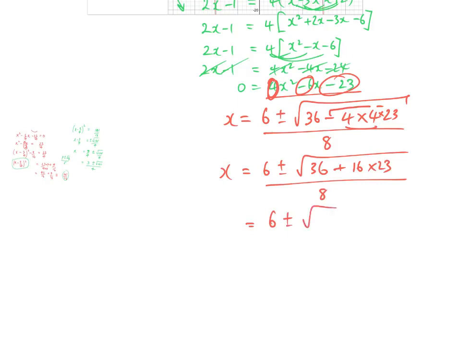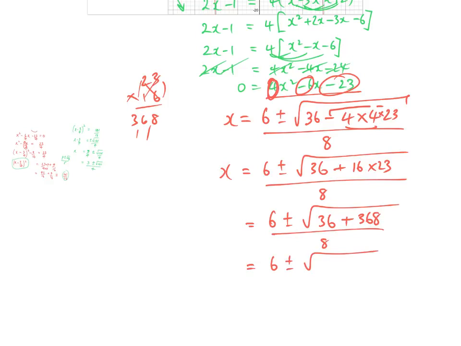So we'd have here 36 plus, well, 23 times 16, you can use your calculator, and I'm going to get 368. And then here we'd have 6 plus or minus the square root of 368 plus 36. Well, that gives me 404.